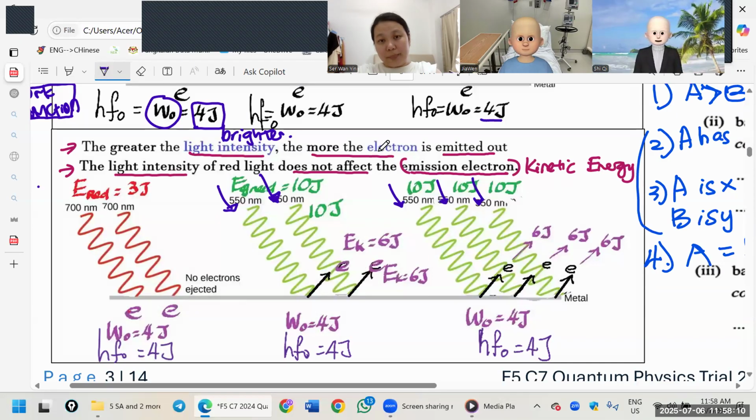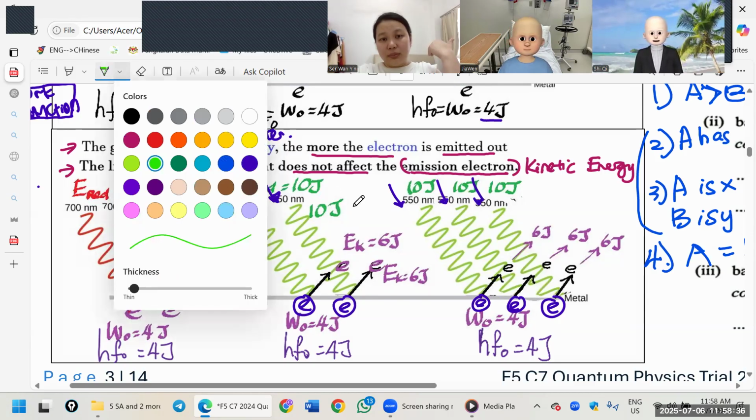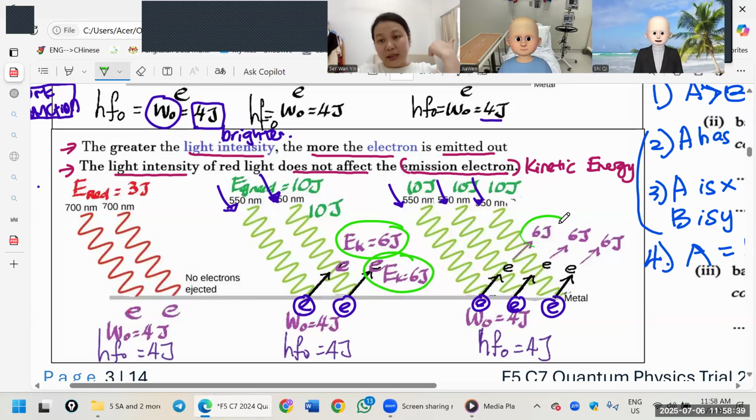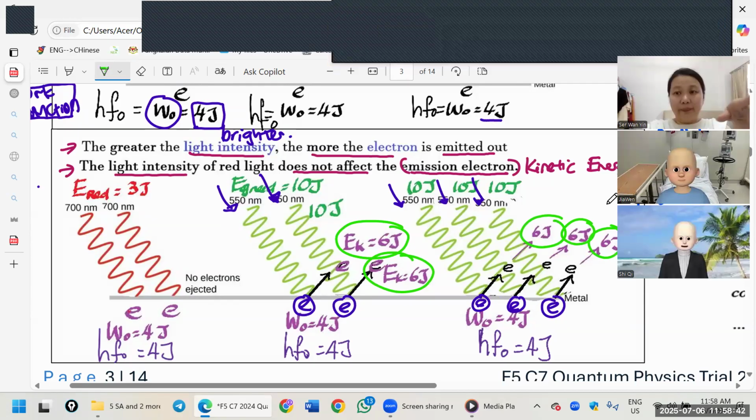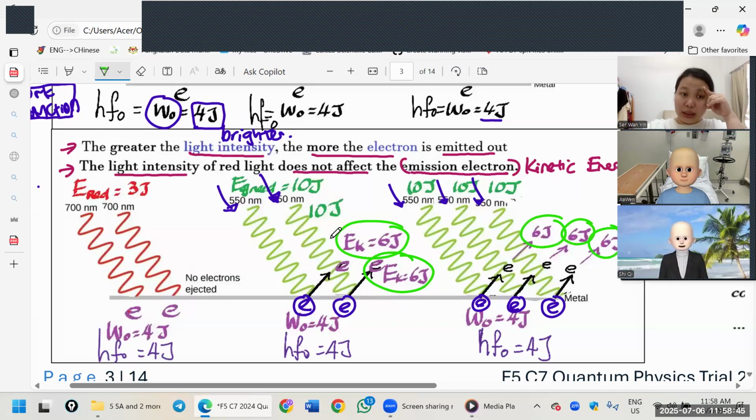More electron emitted out. One green photon only affects one electron. So higher light intensity means more green photon, more electron out. But is kinetic energy affected? No, not at all, because kinetic energy depends on photon energy and work function.